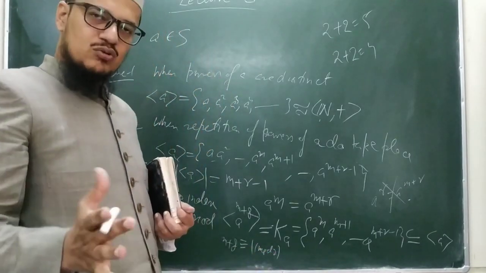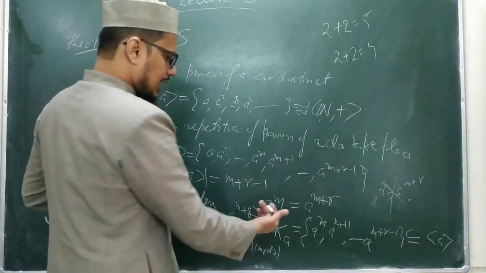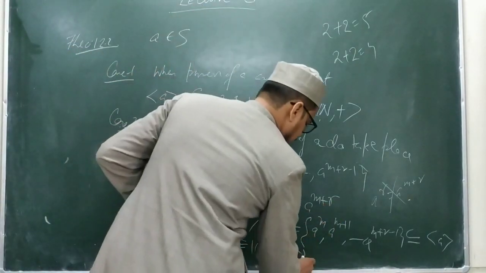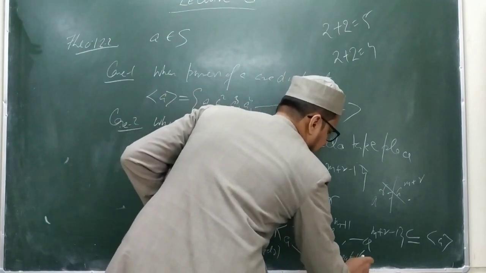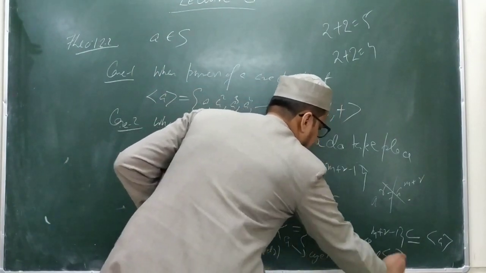In this way we can find g. So K is a cyclic subgroup of the monogenic subsemigroup.